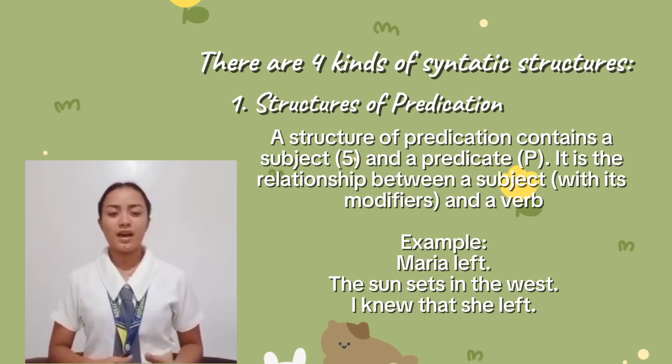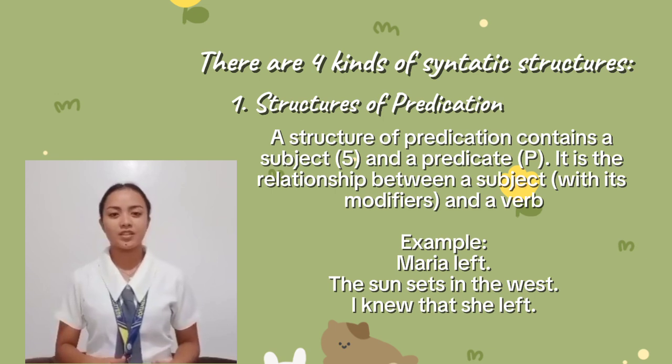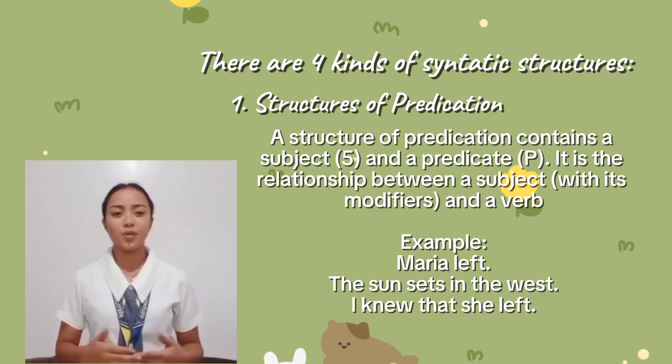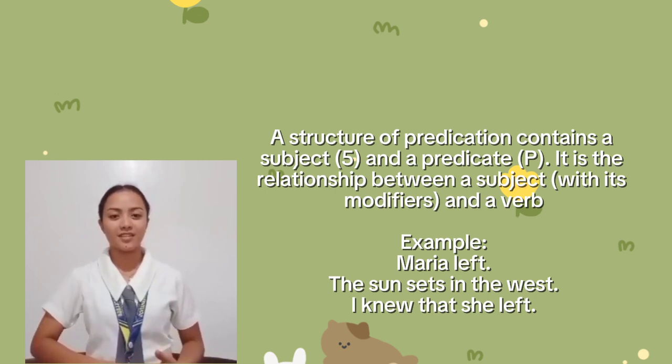This is also a subject-predicate structure but includes more details in the predicate. In structure of predication, the common concern is more with the properties or features of the verb, which acts as a predicate, and with the features of a noun, which serves as the subject of the sentence.